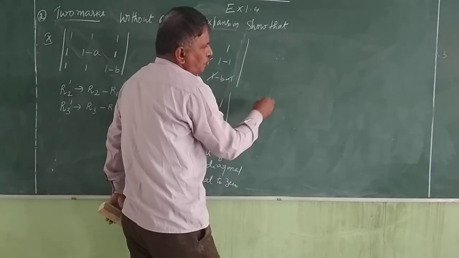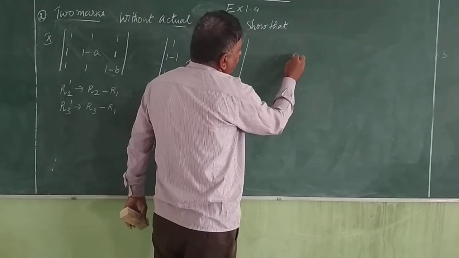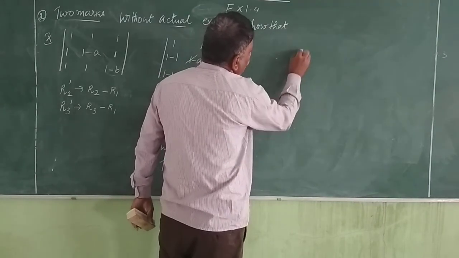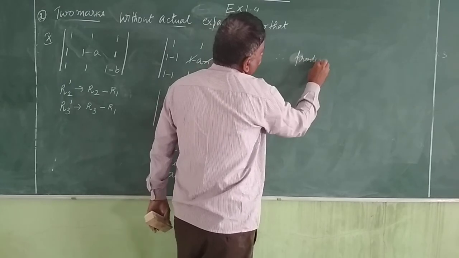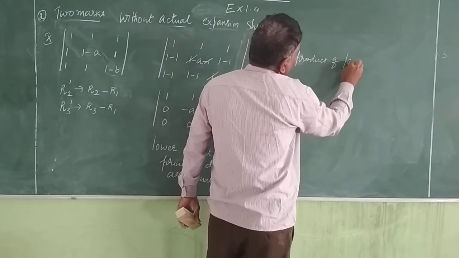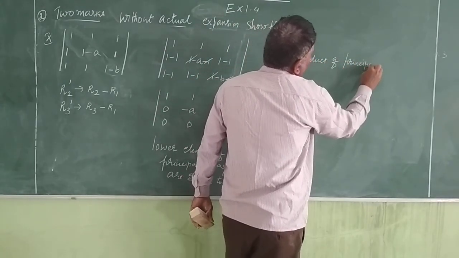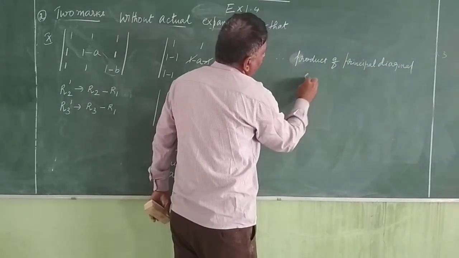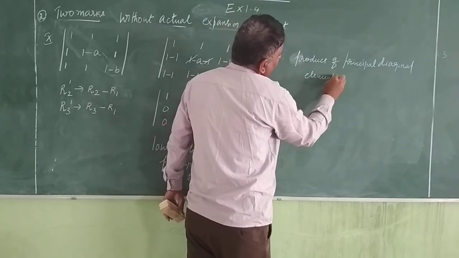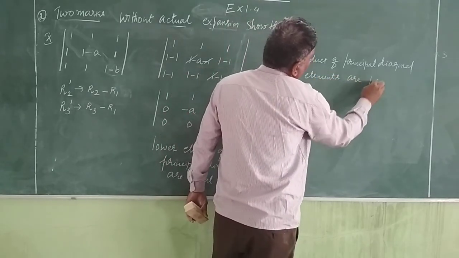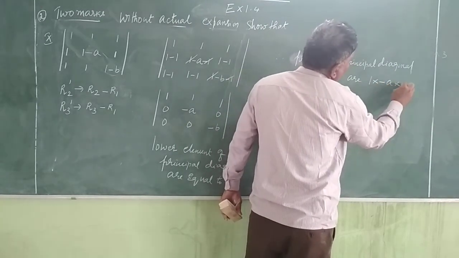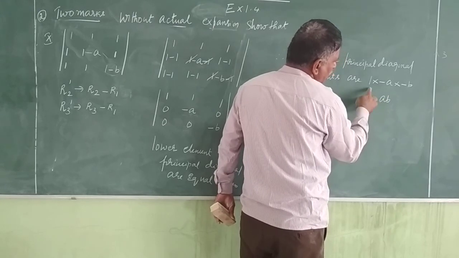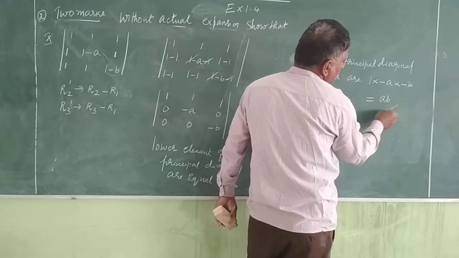Therefore, we multiply the product of the principal diagonal elements: 1 into minus A into minus B. That is nothing but AB, because minus into minus is plus, 1 into A is A, into B is AB.